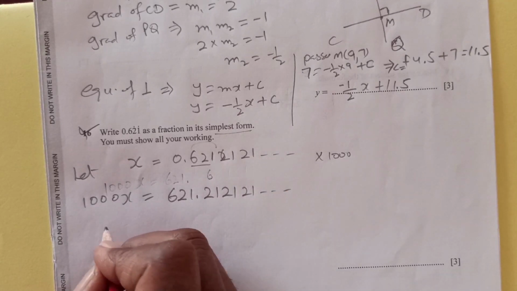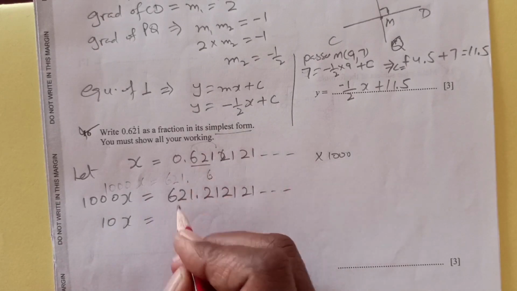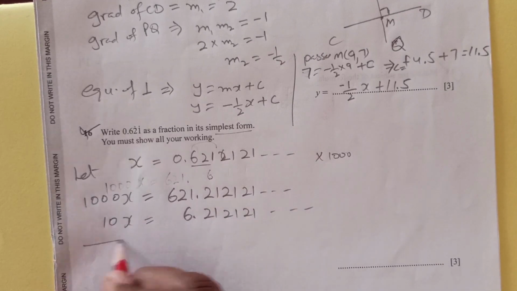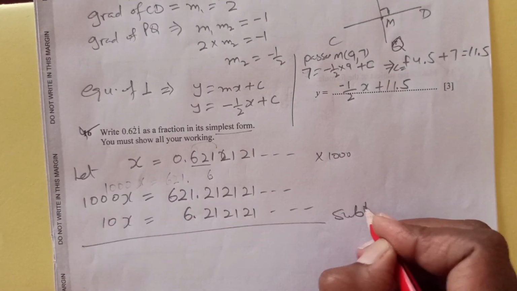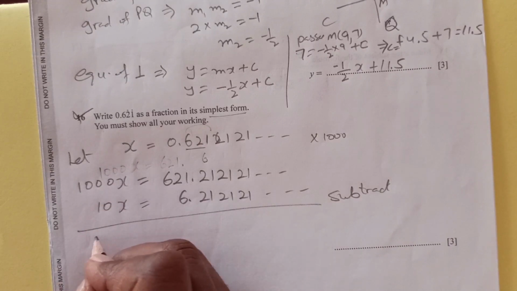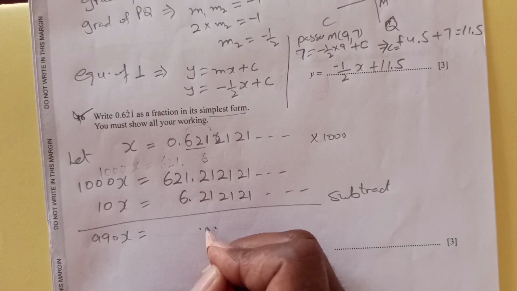Now multiply x by 10. When you multiply by 10, the decimal point comes over here: 6.212121, like this. Now we subtract. When you subtract, this is going to be 990x, and all the digits after the decimal cancel.